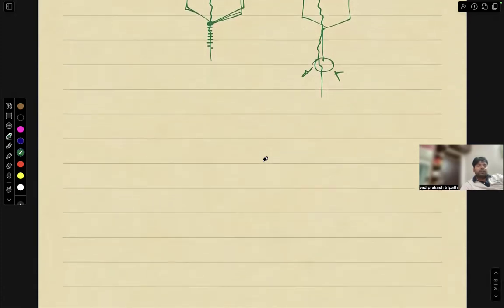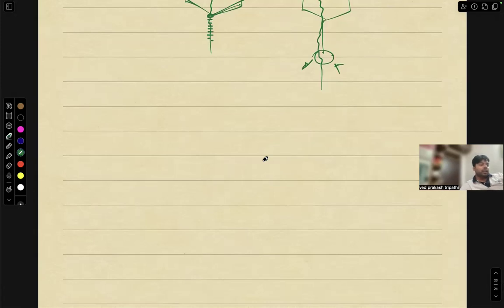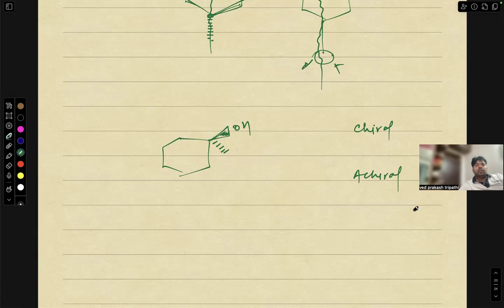Okay, let me give you some more questions based on chiral and achiral. What about this one? So first question is, what is the nature of this compound? Chiral or achiral? Or even I can say optically active or inactive, simple.